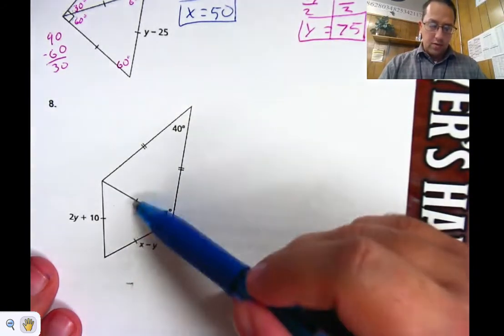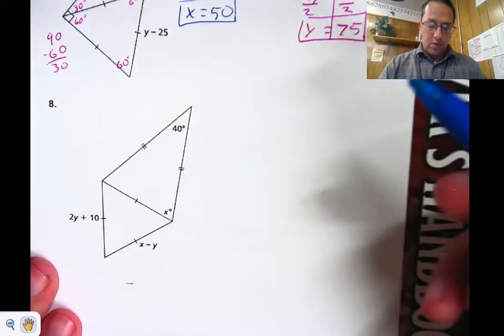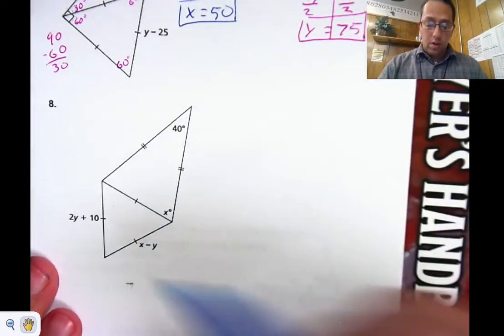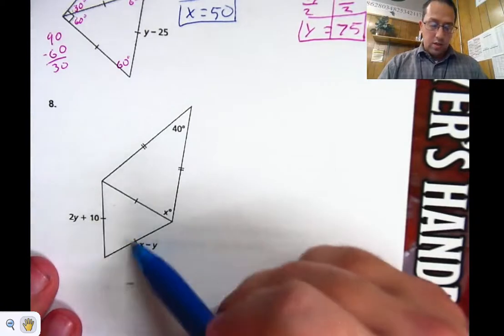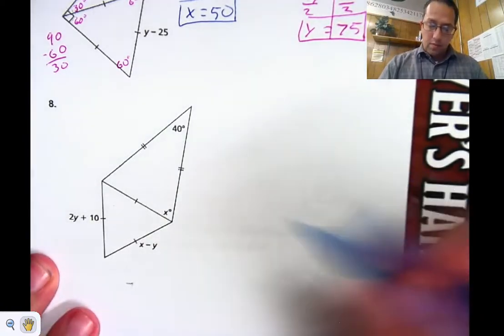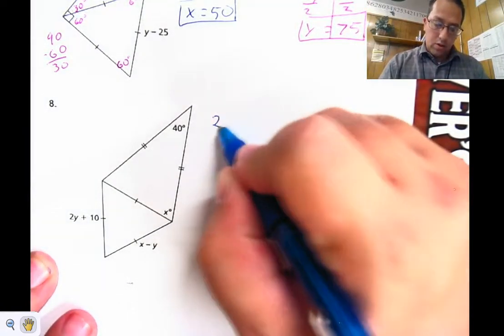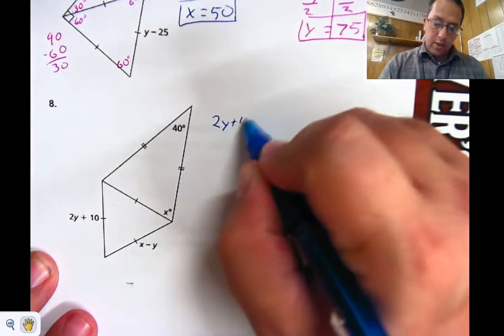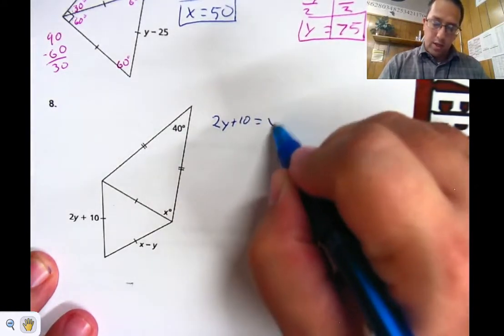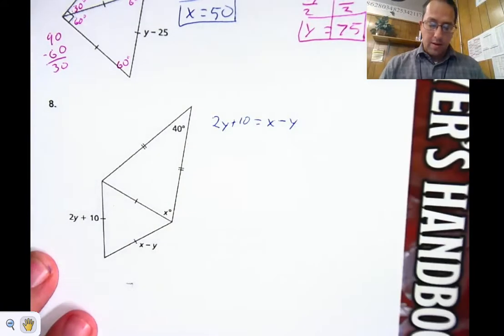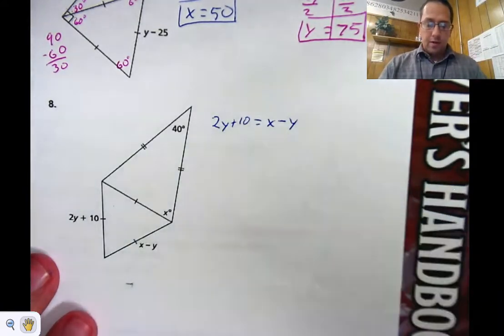Well, we have these three sides congruent, so we've got an equilateral triangle there. That can be useful. So that means that these two are the same. And we'll go ahead and put that right here. So 2y plus 10 equals x minus y. Doesn't help me until I figure out what x is.